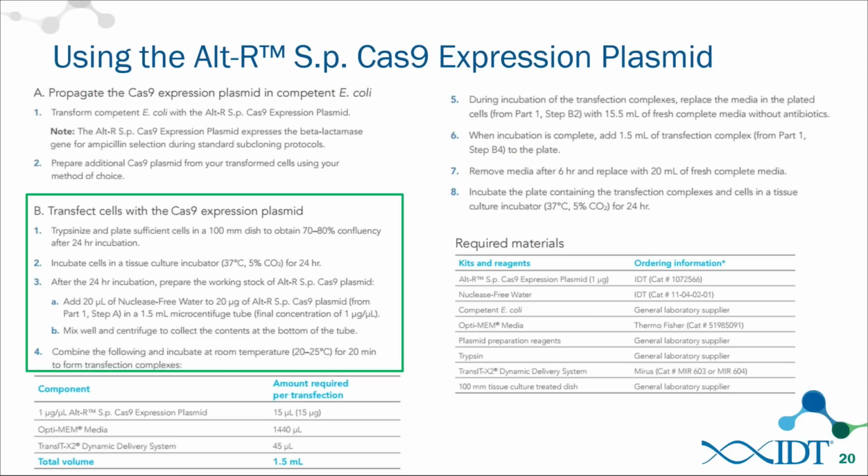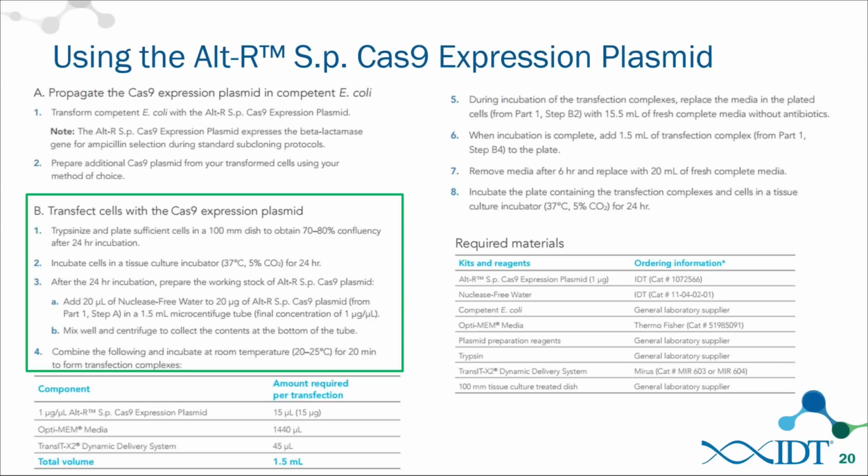If your cell needs are greater or less than what would be yielded from a 100 millimeter dish, then the Mirus protocol has scalability information that discusses amounts of plasmid as well as amounts of the X2 to be transfected to optimize the conditions for something done in a larger flask or in 6-well plates or 24-well plates, whatever the case may be.